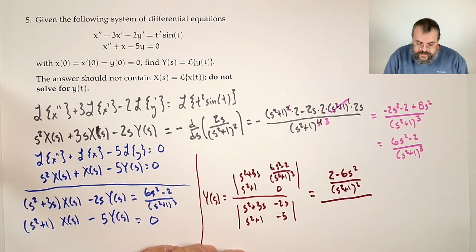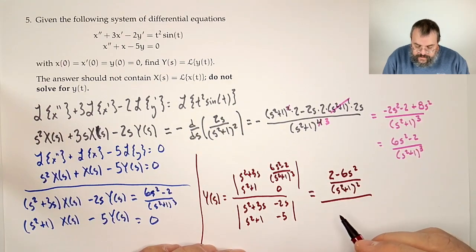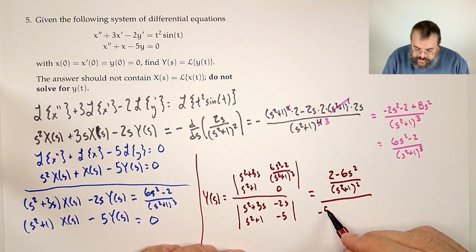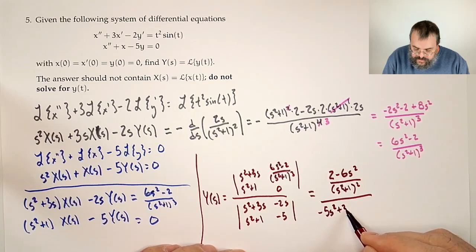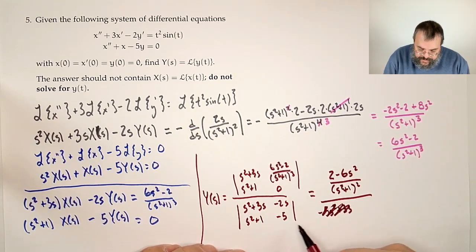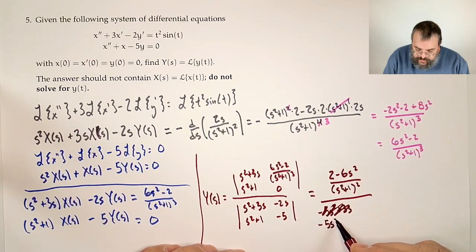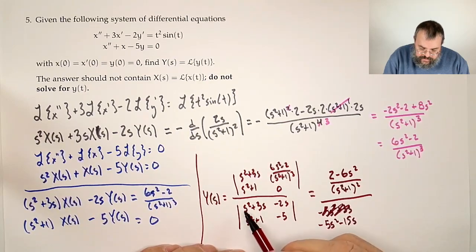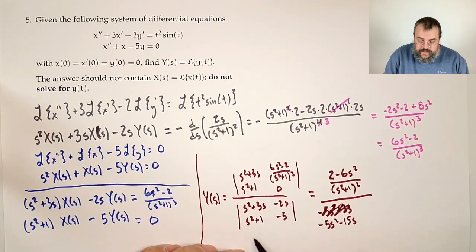And downstairs, well, okay, so minus 5 s squared plus 3s, let me be more careful here, minus 5 s squared and minus 15s, right, because I'm multiplying here.